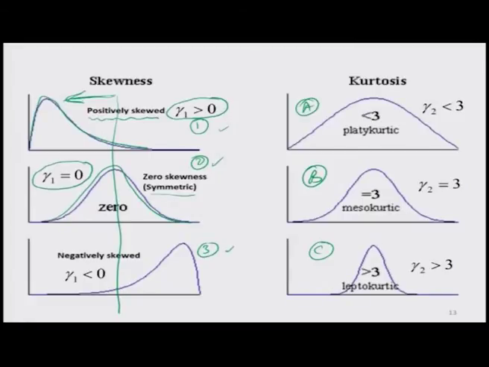And similarly, when we look into figure number 3, in this case the gamma 1 value is coming out to be less than 0, and in this case we call the curve negatively skewed.